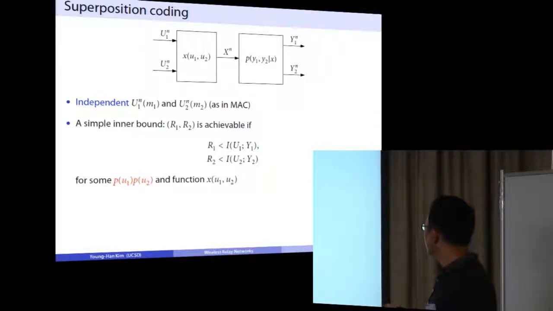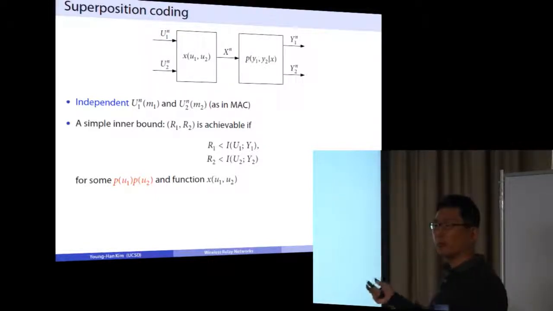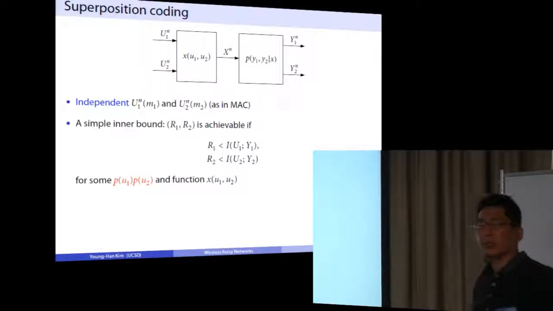So as long as the rate is less than the mutual information between U1 and Y1, the Y1 receiver can recover the desired code word correctly. And the same for receiver 2: as long as R2 is less than the mutual information between U2 and Y2, we have reliable communication for the second code word.